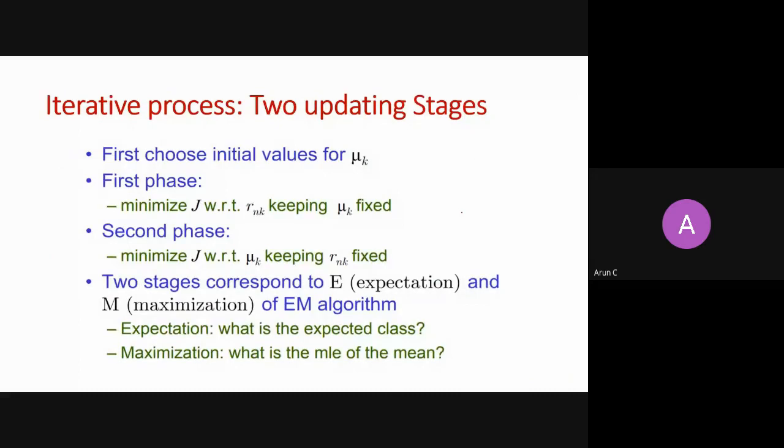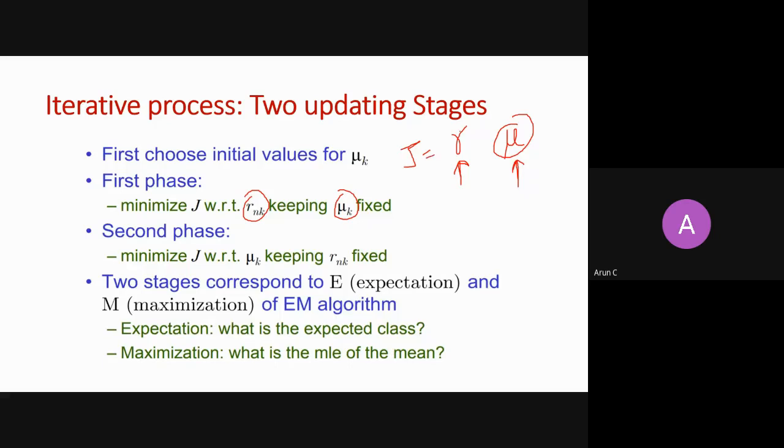So let's first minimize my j with respect to my r vector, keeping my mu fixed. There are two things, the r vector and the mu vector, so I cannot minimize them simultaneously. So there is a trick. First I make mu a constant and treat r as a variable, and keeping mu fixed, I minimize my j.